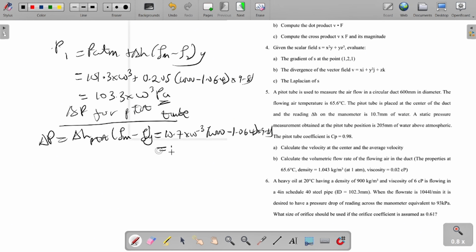So this gives me 104.9 Pascal. Since we have this for the P2, that's what I'm going to use to calculate my velocity.